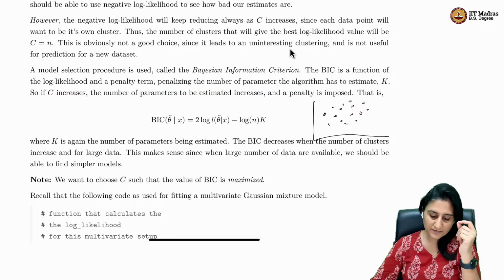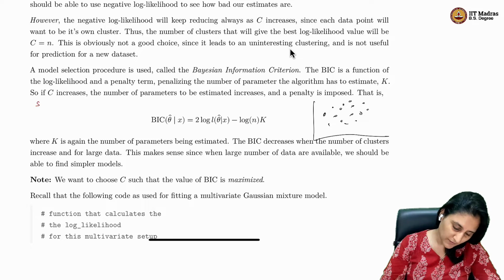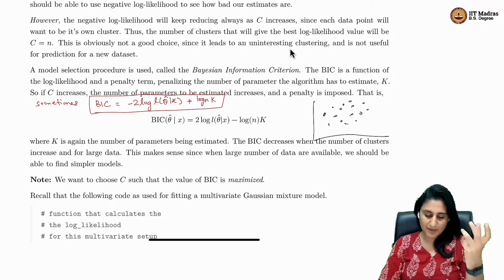So the BIC criteria itself is 2 log likelihood minus log n times K. Now, I just want to write this down: more often, BIC is written as minus 2 log likelihood of theta given x plus log n times K. So sometimes it's basically the negative of what I've given you here, in which case we want to minimize the BIC rather than maximizing it.